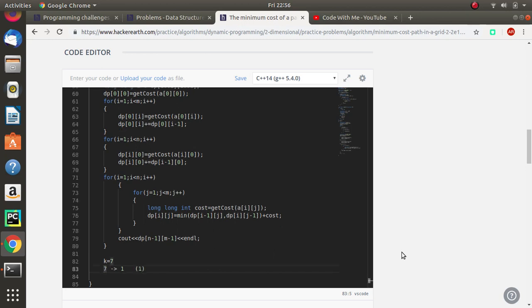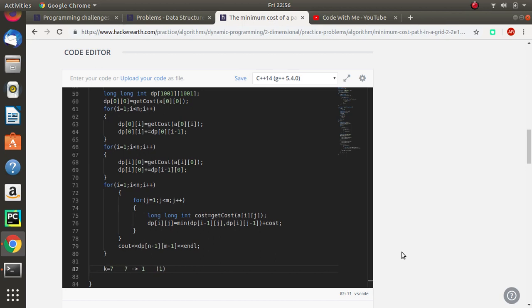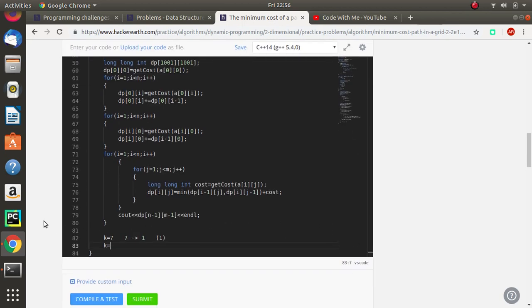Now let's give another example. If k is equal to 8, then we can do it 3 times. Just see how. We bring 8 to 4 by dividing by 2, then to 2, and then to 1. So total it will be 3 times.